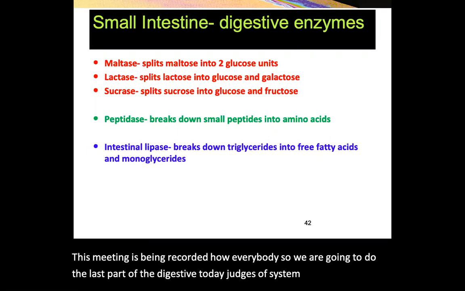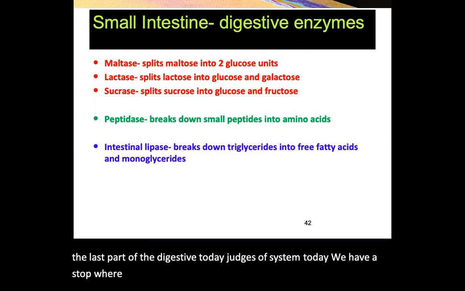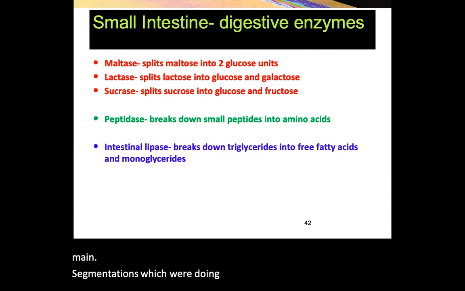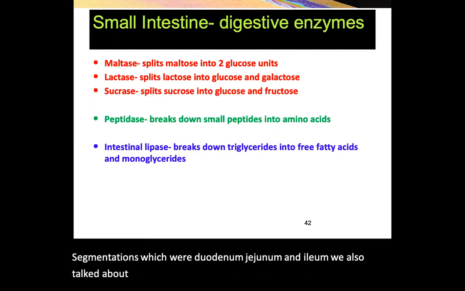We left off where we were talking about the small intestine and the three main segmentations, which were duodenum, jejunum, and ileum. We also talked about the two main functions being the chemical digestion and absorption of the nutrients.